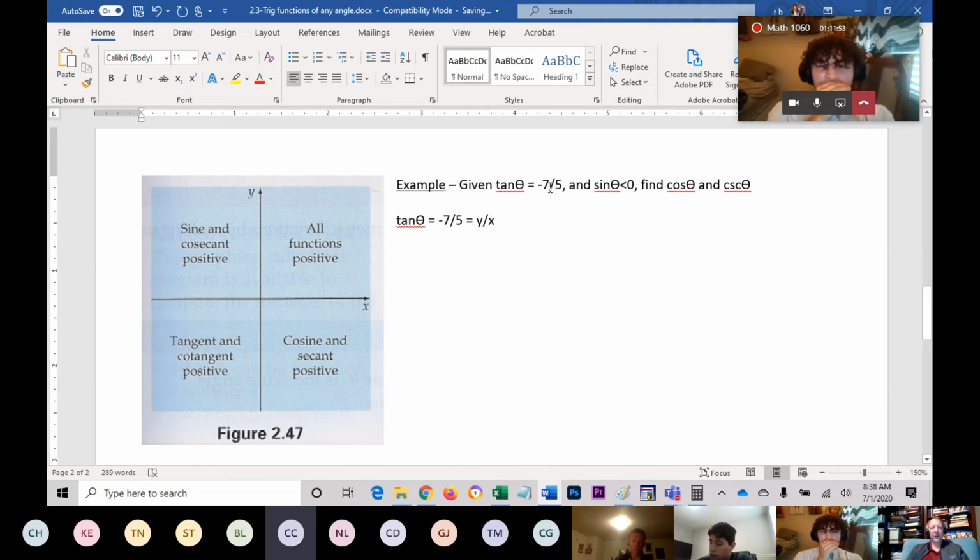As we're looking at our chart here, we know that the tangent is negative 7/5, and we know that the sine is less than 0.